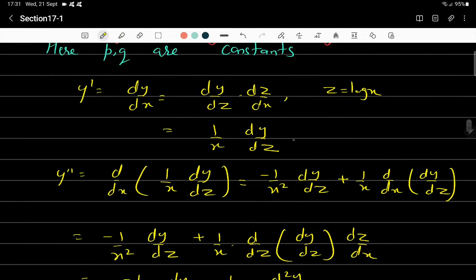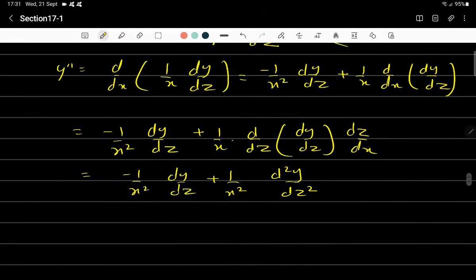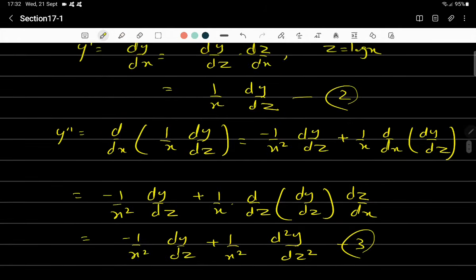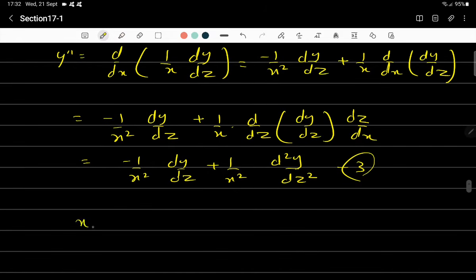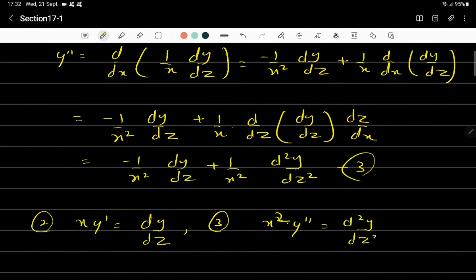If I call them equation 2 and equation 3, then from equation 2, xy dash is dy by dz, and from equation 3, x square y double dash becomes d2y by dz square minus dy by dz.